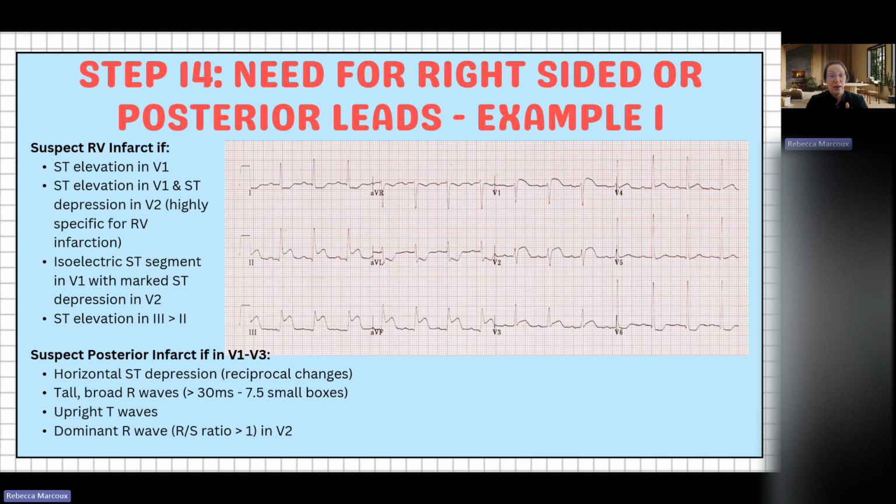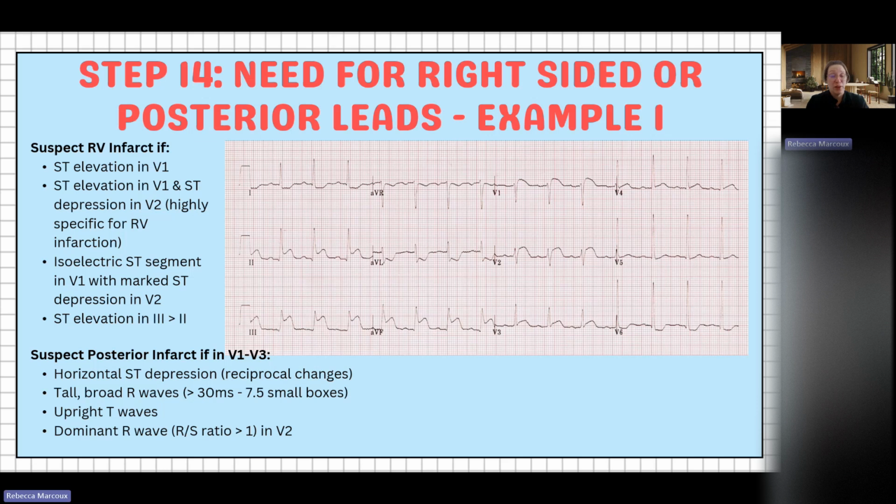The other thing is that the ST elevation in lead 3 is greater than or equal to the ST elevation in lead 2. That's another sign that there might be right ventricular involvement here. So I would definitely want to do a right-sided ECG or at least a V4R on this patient to see if there's further involvement.